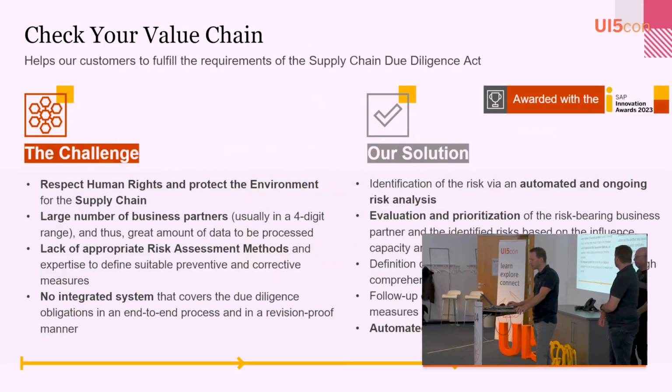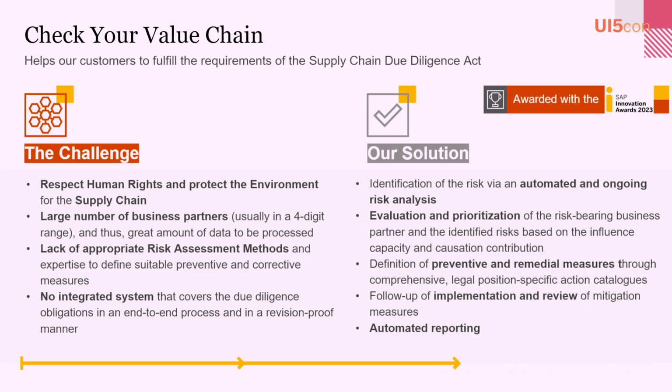So let me introduce Check Your Value Chain. This app helps our customers to fulfill the requirements of the German Lieferketten-Sorgfaltspflichtengesetz. It took me, I think, months to pronounce it fluently. It's also known as the Supply Chain Due Diligence Act. This law makes it mandatory for German companies to respect human rights and to protect the environment, but not only for the companies themselves.